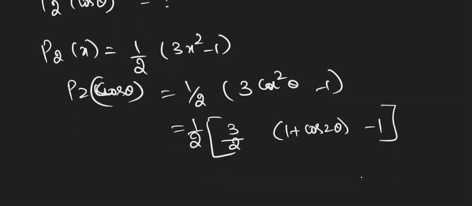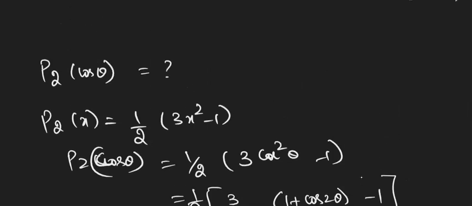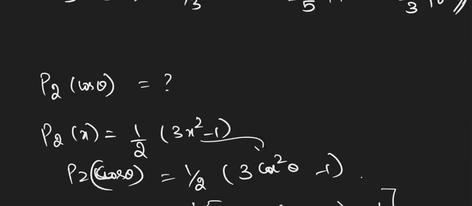If you simplify, that is equal to 1 by 4 into 3 plus 3 cos 2 theta minus 2. So this is the solution. Very simple. Wherever x square is there, we are replacing, and you remember the formula, cos square theta is equal to 1 by 2 into 1 plus cos 2 theta. Just we have applied that.